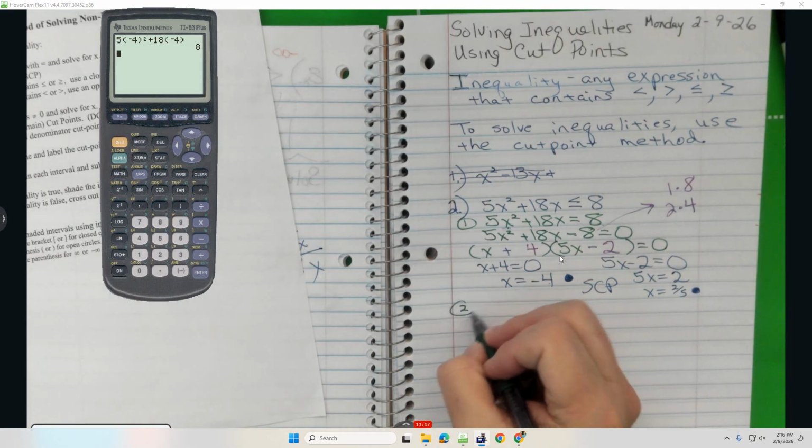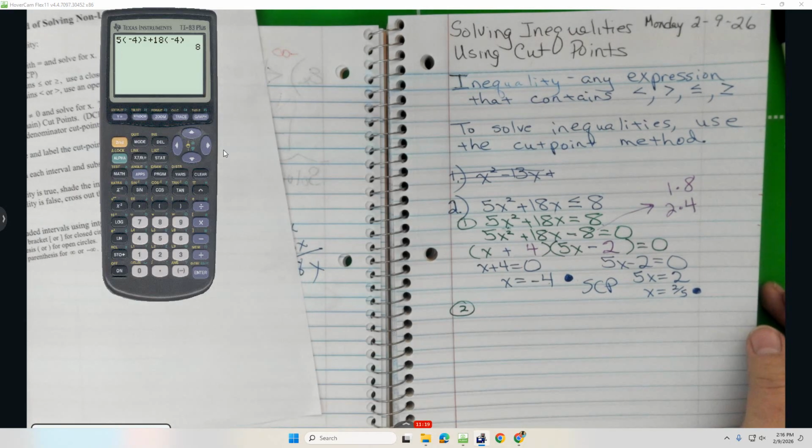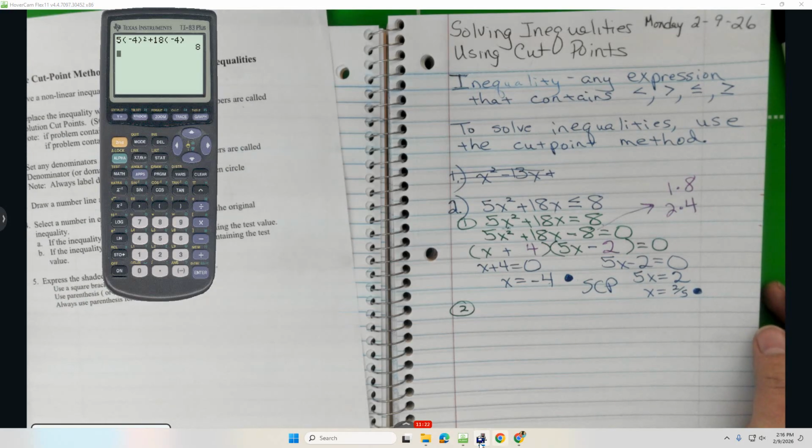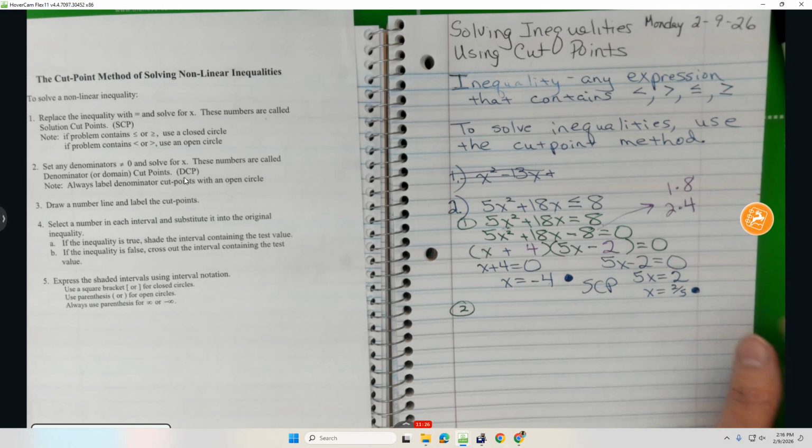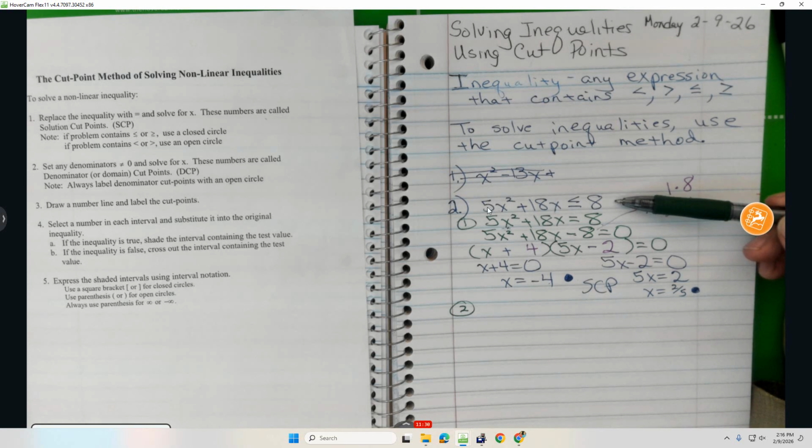Yes. Okay. Step number 2, set any denominators not equal to 0 and solve for x. These numbers are called denominator or domain cut points. Look at the original problem. Are we going to have any denominators of 0?